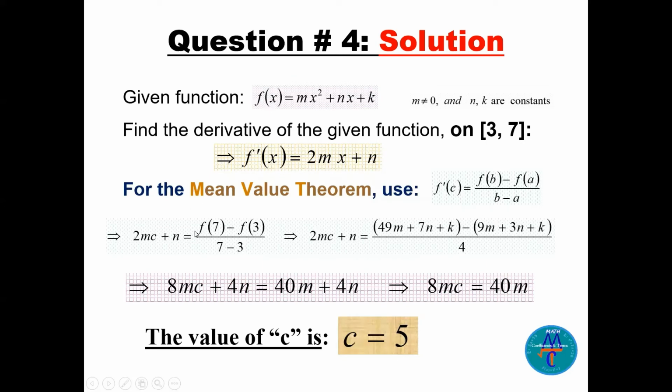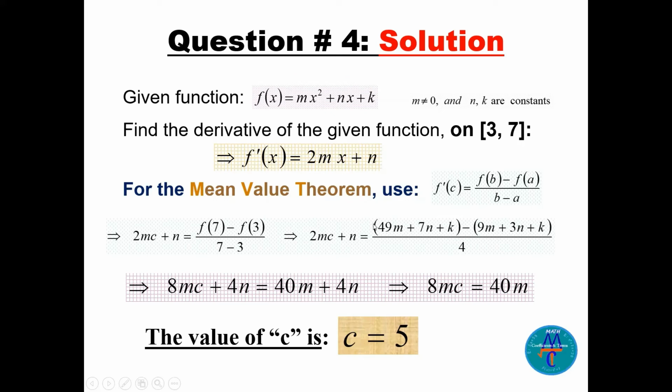F of 7, I replace 7 in the function here. So it becomes 49m plus 7n plus k minus f of 3. I replace 3 in the x. So it will be 9m plus 3n plus k, all divided by b minus a, which is 7 minus 3, which is 4.